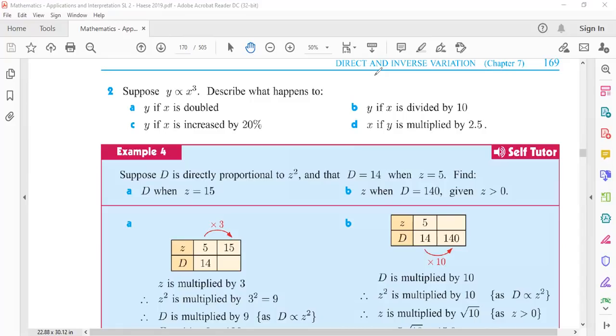Divided by 1000, because 10 cube is 1000. Yeah, same. And what is the multiply by 2.5?